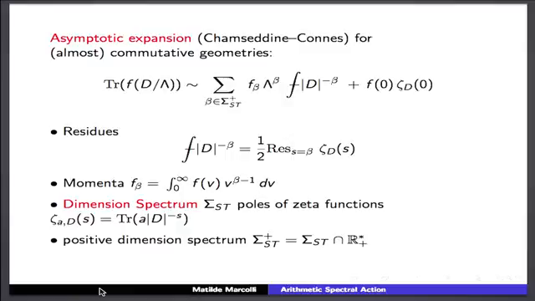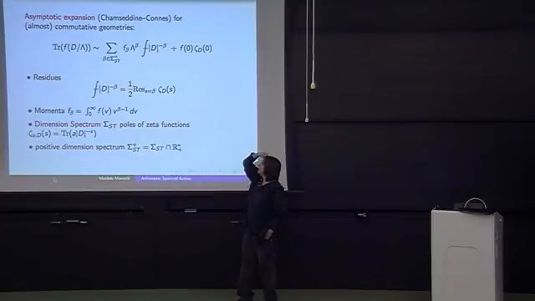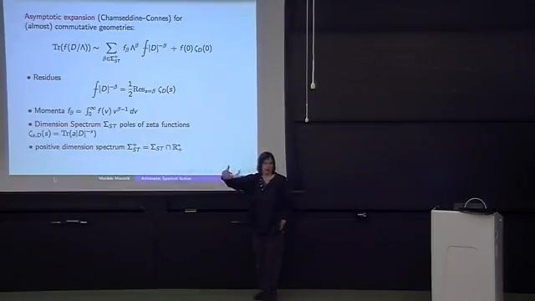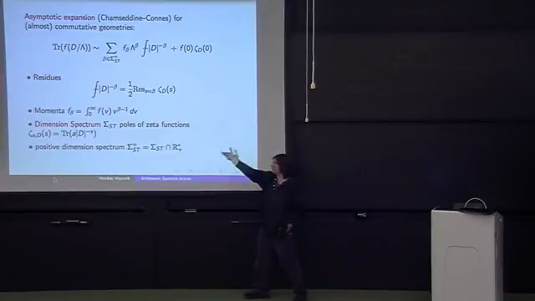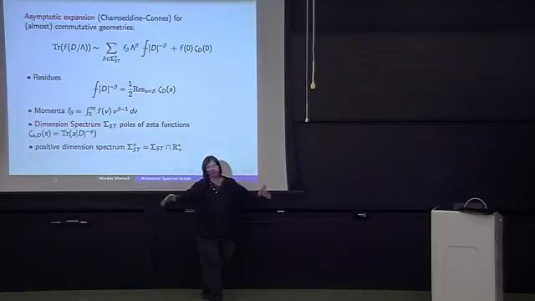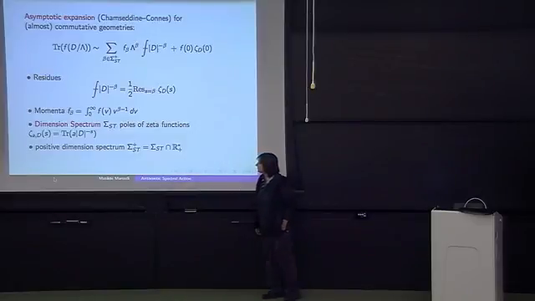So that's where the relation between this action functional and the zeta function comes in. The coefficient of that term contains the residue of the zeta function at that pole, and some moments of this cutoff function. You can think of them as numerical parameters that depend on how you choose the cutoff function.